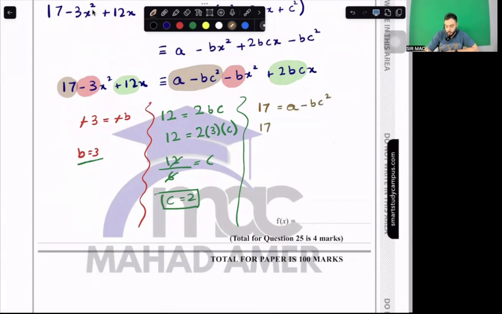You have both values. 17 equals a minus b, where b is 3, and c squared is 2 squared. So 17 is going to be equal to a minus 3 times 4. 17 equals a minus 12. So 17 plus 12 will be equal to 29. So a would be equal to 29.